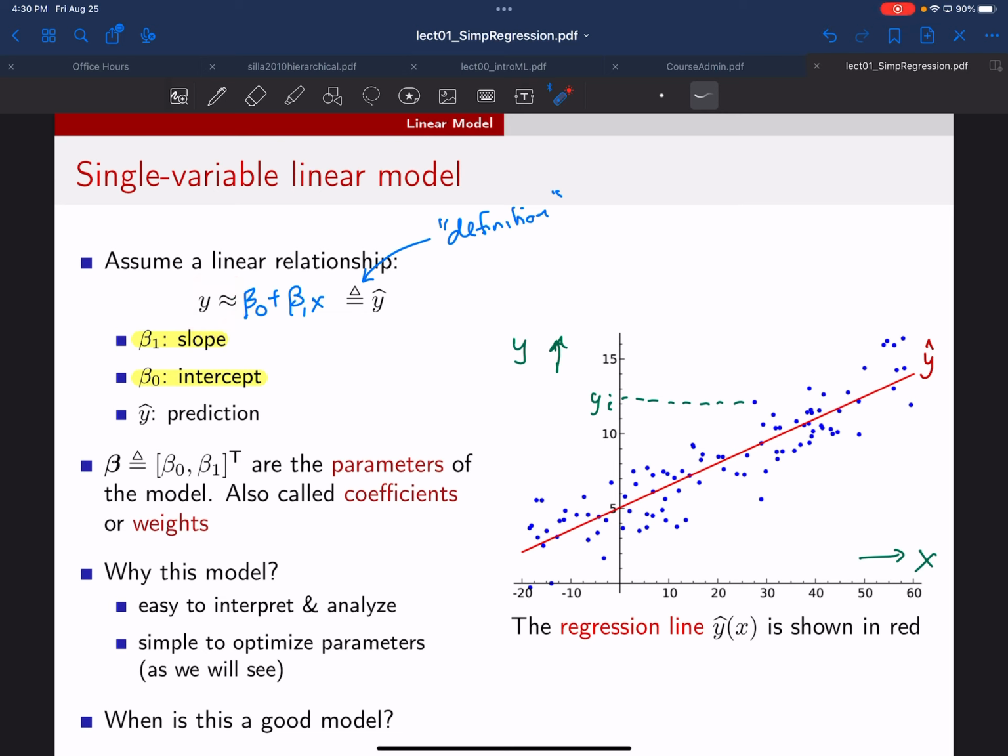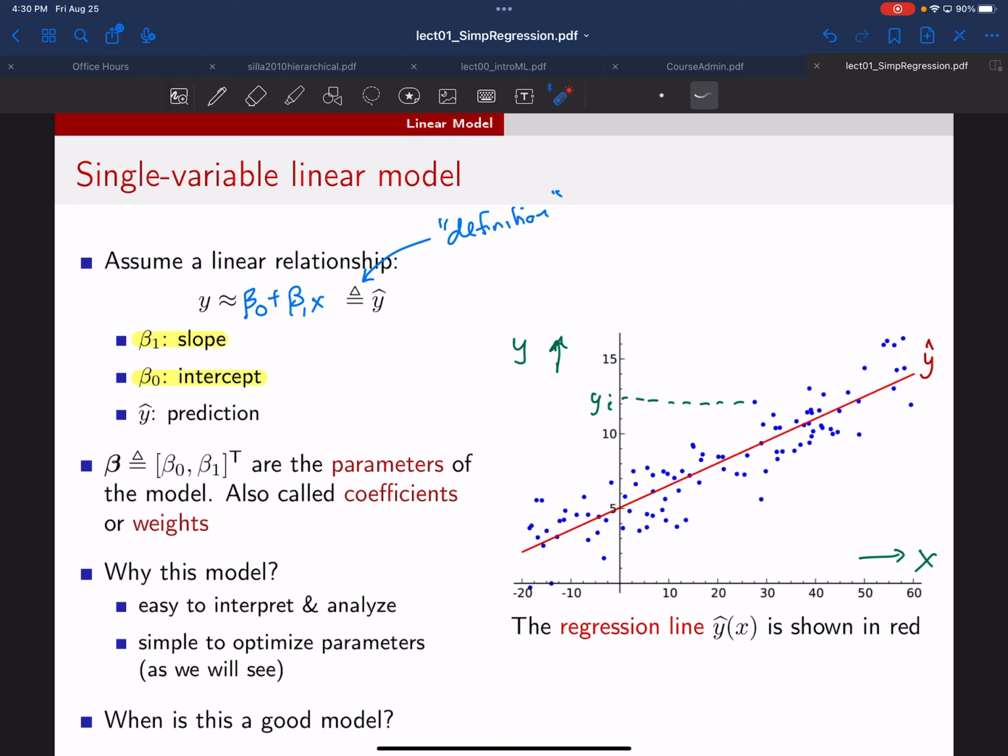So this says that the true miles per gallon is not exactly equal to this. It's approximately equal to that. That's the assumption or the proposition for this data set. So it's important to notice the difference here between the equal and the approximate equal.